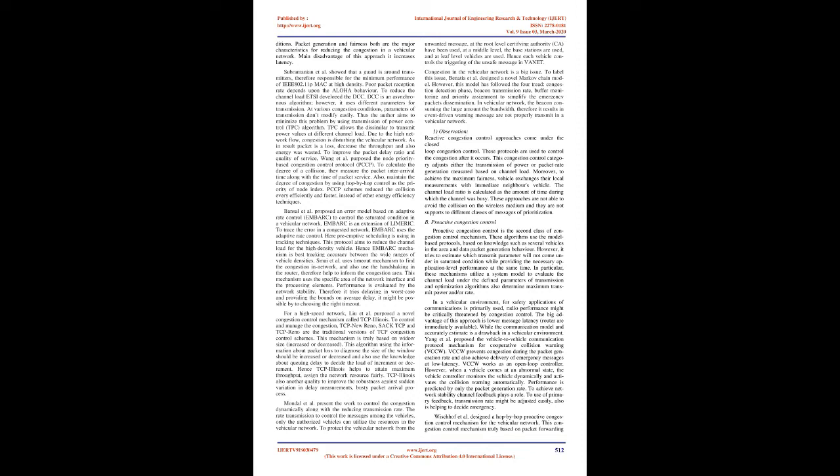DCC access controls congestion by acting on transmission parameters: transmit power control (TPC), transmit rate control (TRC), transmit data rate control (TDC), DCC sensitivity control (DSC), and transmit access control (TAC).